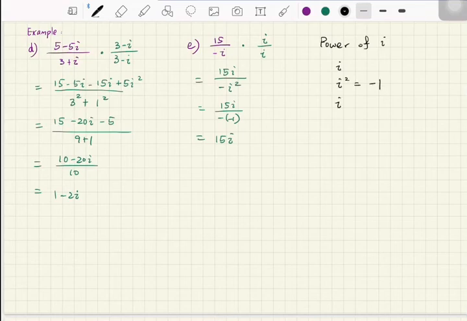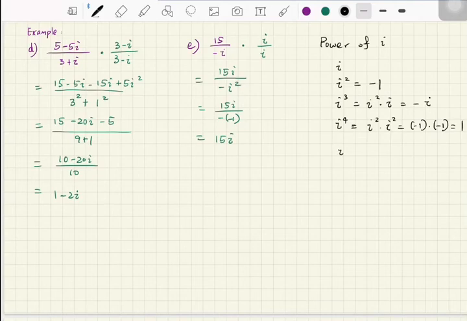Now i cubed is i squared times i, so it's negative i, because i squared is negative 1. Then i to the fourth is i cubed times i, or i squared times i squared, which is negative 1 times negative 1, which is positive 1.